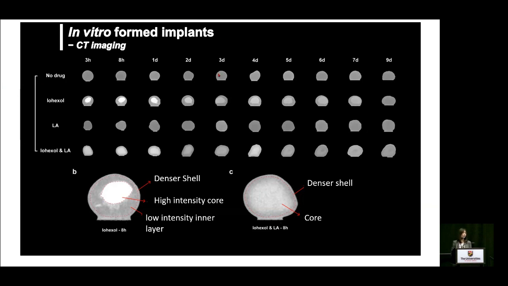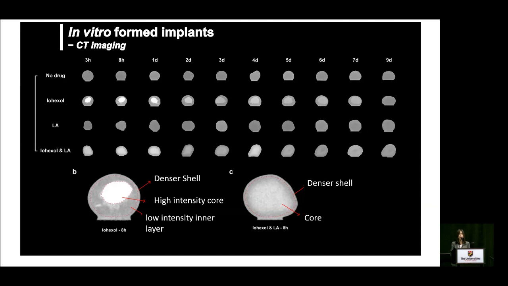In terms of the mixture of lupulin acetate and iHexol, it's very different. You see a bulk part that is homogeneous, a mix of iHexol and the matrix, and then a slightly dimmer surface at the first place.